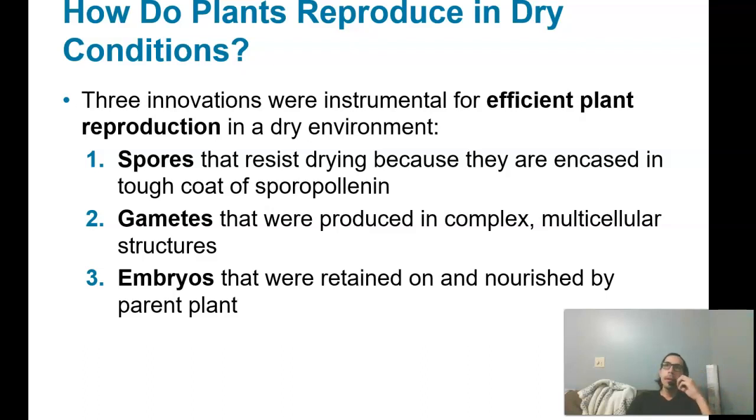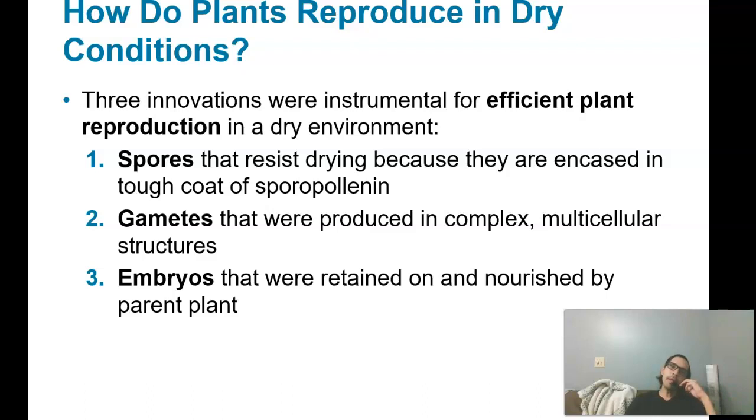Okay. But because spores are also very lightweight and they're able to be carried by the wind, it allows for the dispersal of those spores into other suitable environments where new plants can grow. Okay, so spores is one of them.